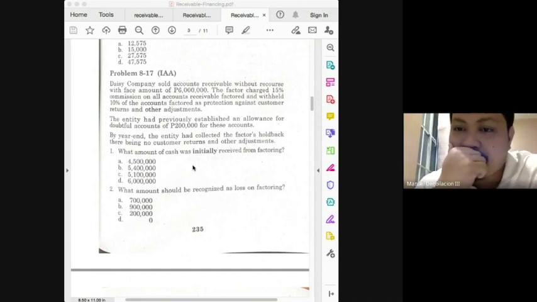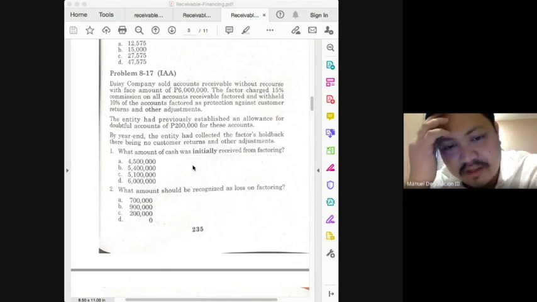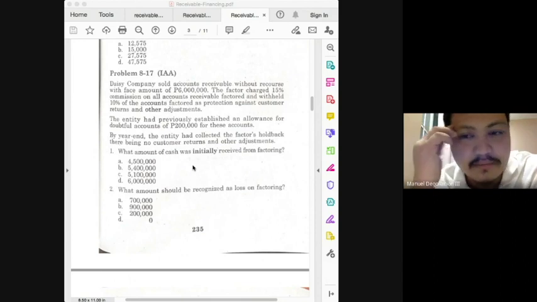But our loss would be mitigated by the amount of allowance that we have already established, amounting to 200,000. So that is why the loss on factoring here should only be 700,000. Another way of arriving at 700,000 would be getting the carrying amount of the receivables.